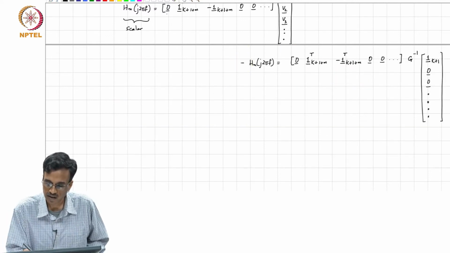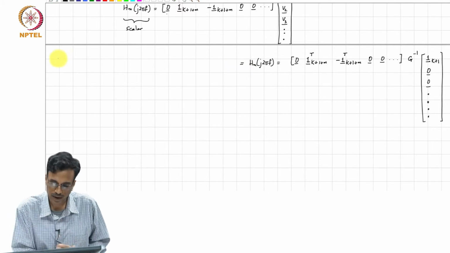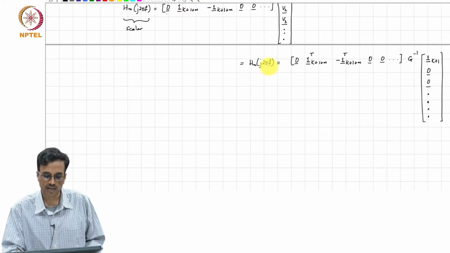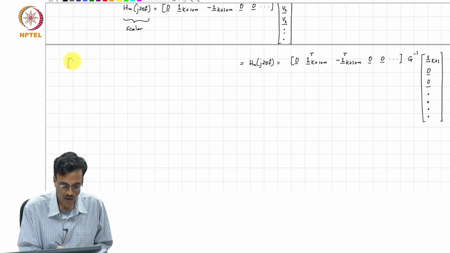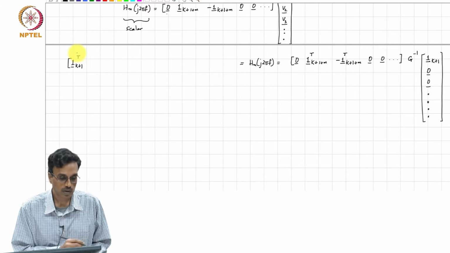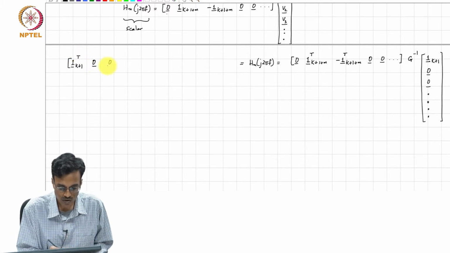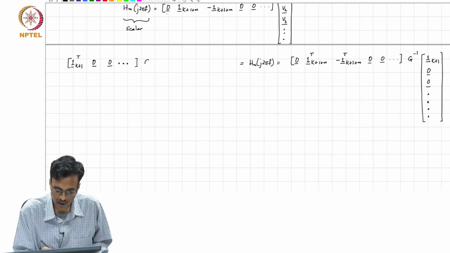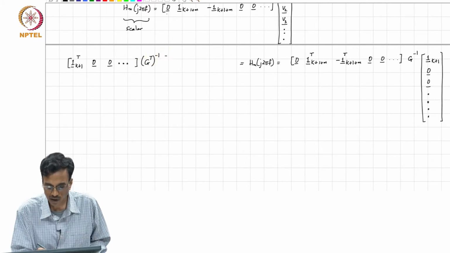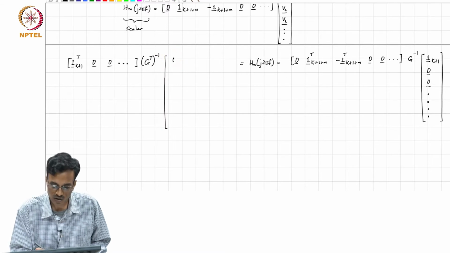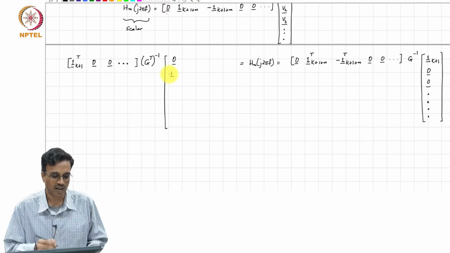I can reinterpret this. So, if I transpose both sides of the equation, we can see that h sub m of j 2 pi f can also be written as 1 sub K plus 1 transpose, 0 0 and so on, times G transpose inverse times 0. I am not writing the transpose on the zeros because it is understood, right.